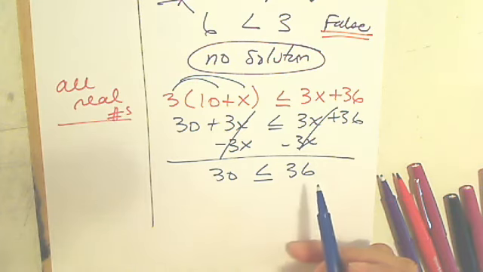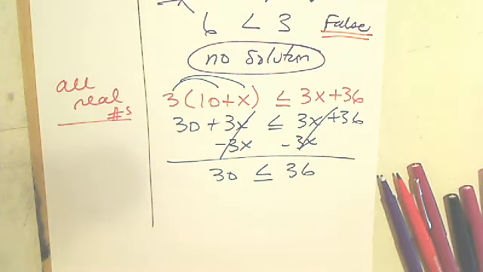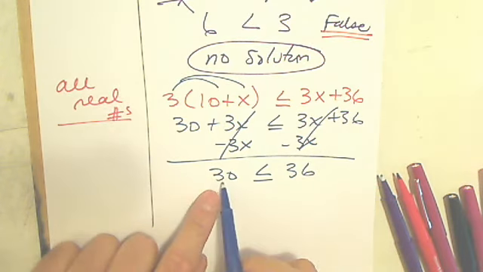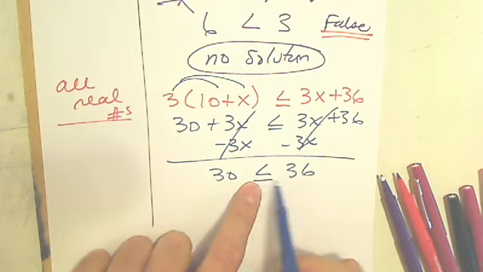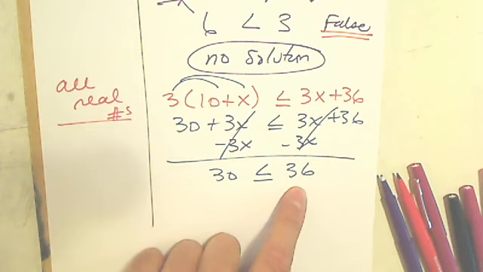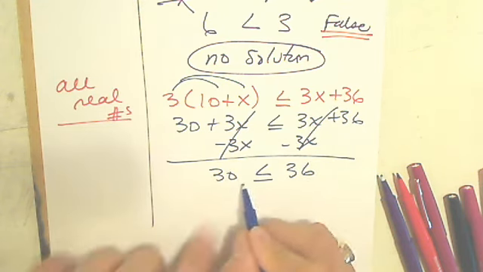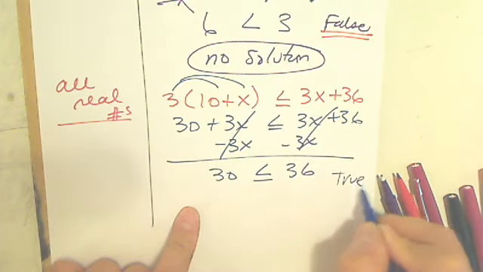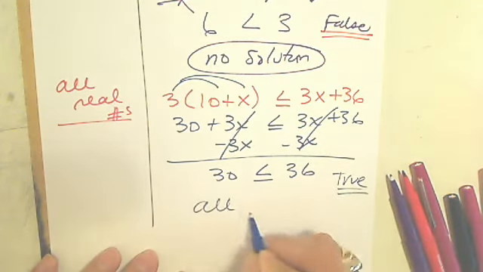It didn't have to be. That's why on the very beginning of the chapter I kept saying or equal. It didn't say and. It says or equal to. In this case, 30 is less than or equal to 36. That's why the dot is circled. Because this is a true statement, this is all real.